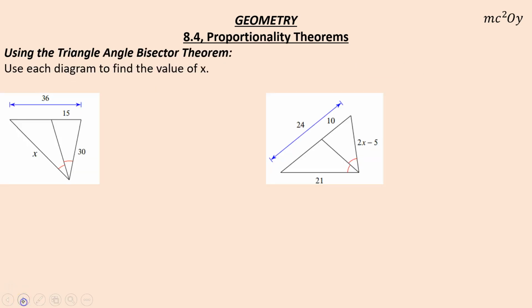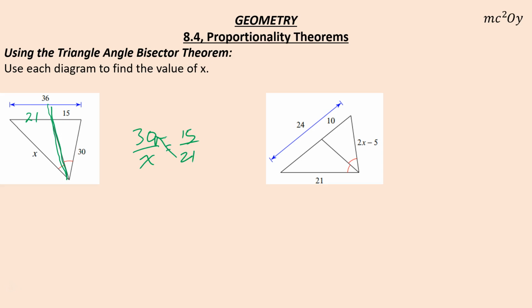So as I'm trying these problems, notice I have my angle bisector. So if I kind of think of that angle bisector as my fraction bar, I have 30 over x, right, is equal to 15 over, well, this is 21.